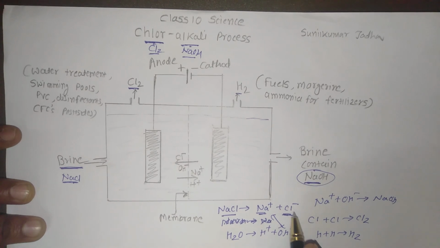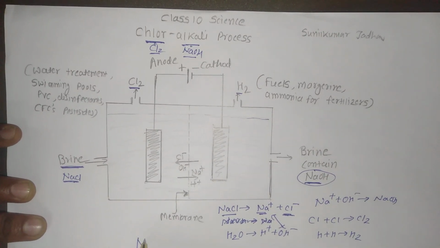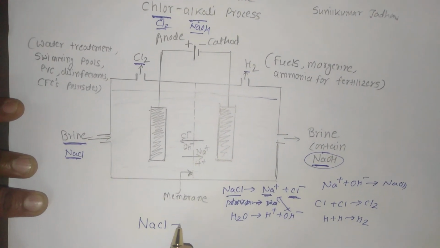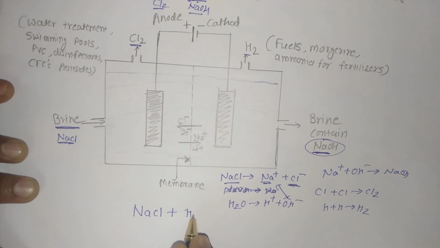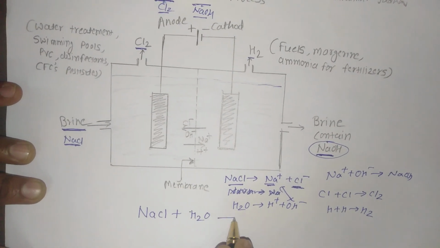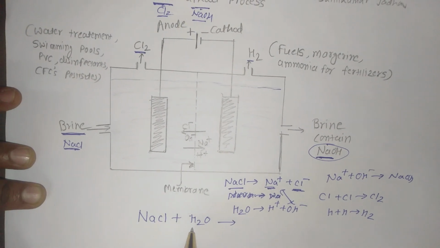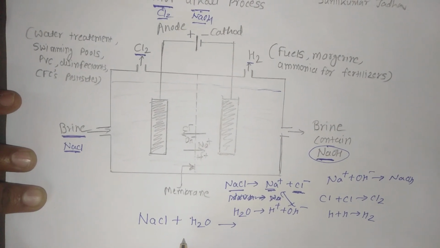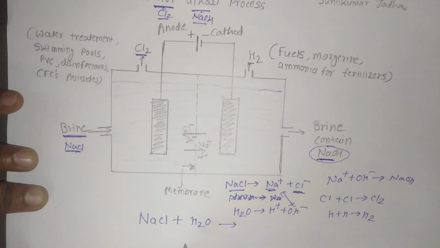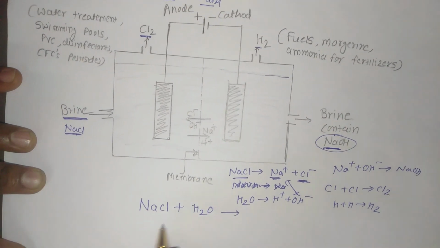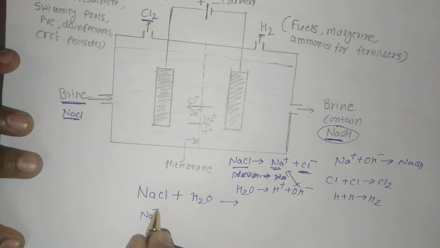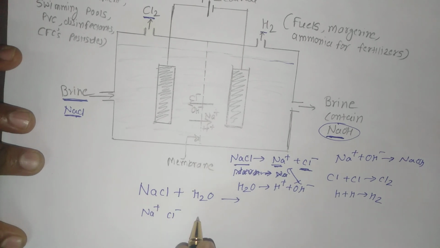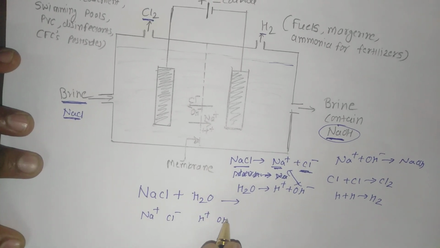How does this reaction occur? It is the solution of NaCl plus H2O. Water is passed through NaCl, which we call brine. When the electrolytic reaction occurs, it will convert to Na plus Cl minus, and here H plus OH minus.